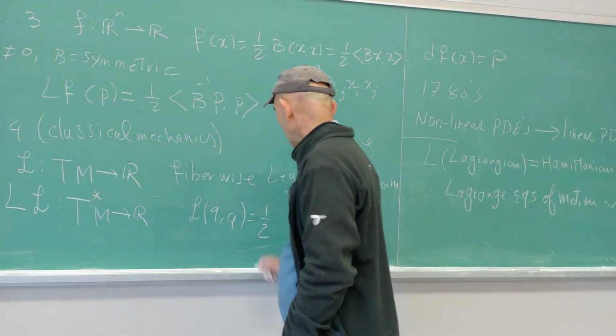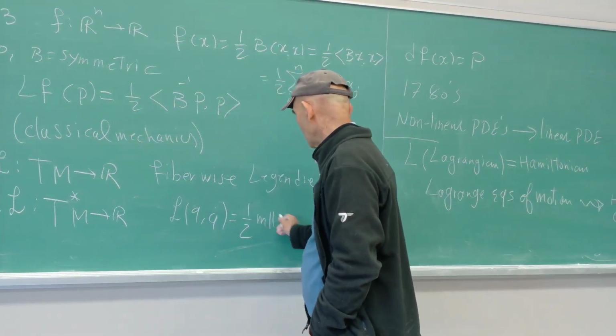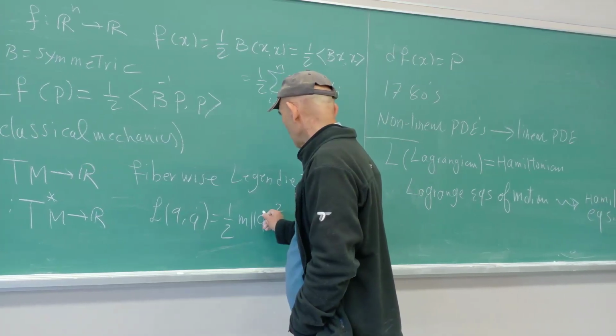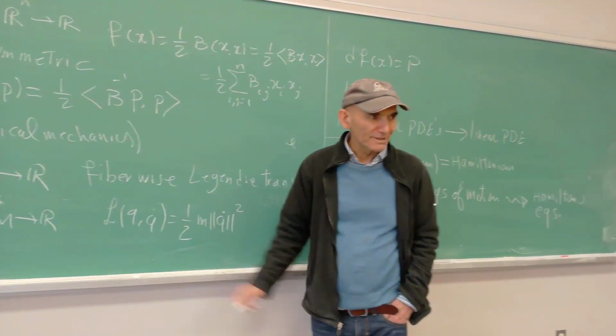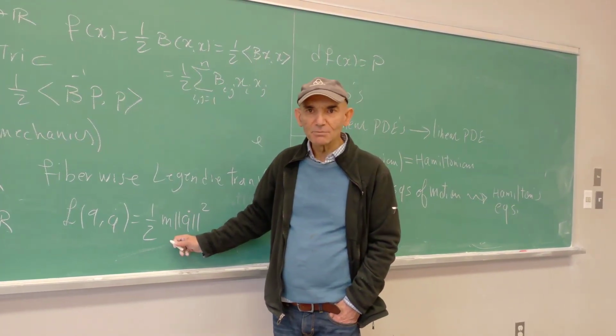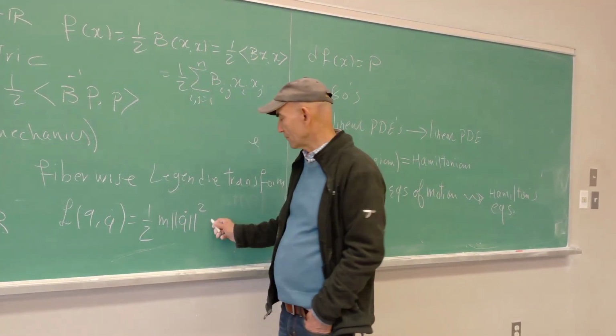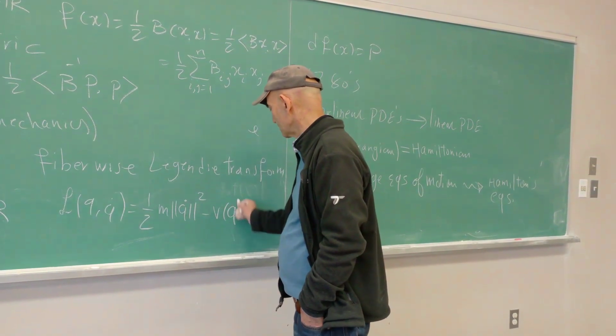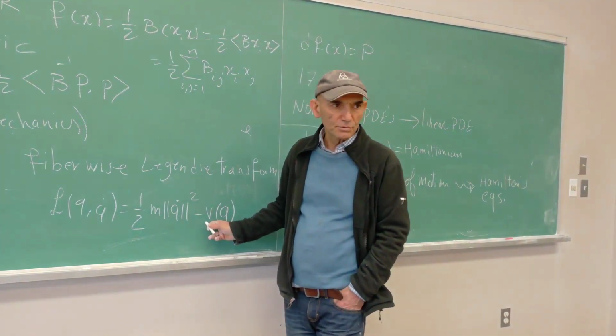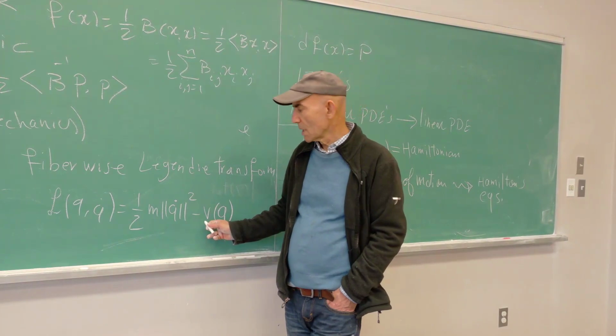So one half m norm of q dot squared, the velocity, this is kinetic energy, minus potential energy, minus V of q.